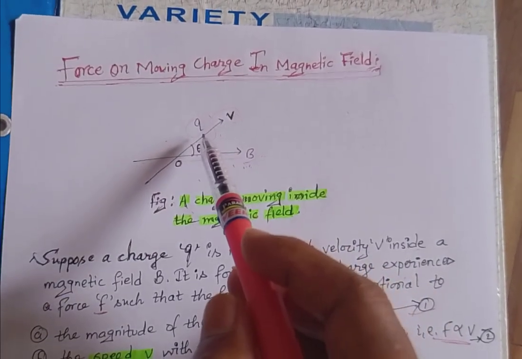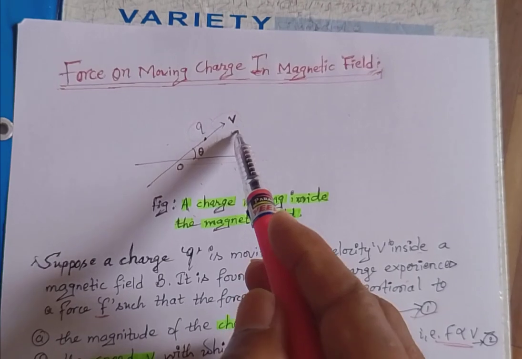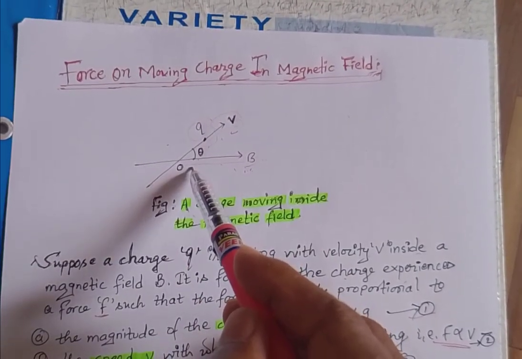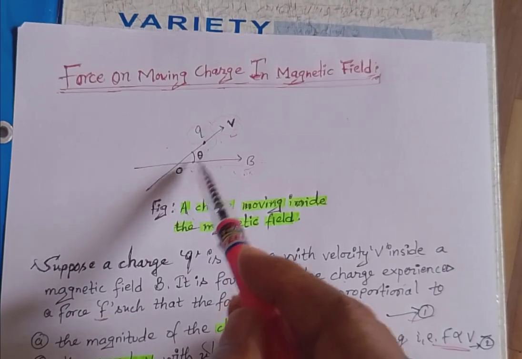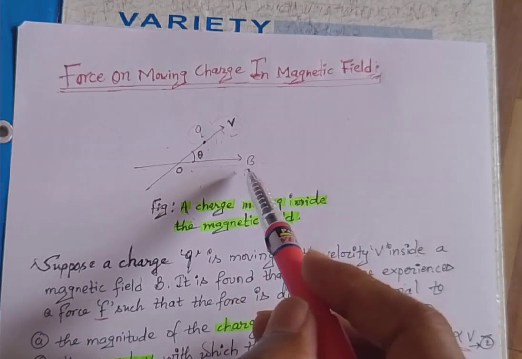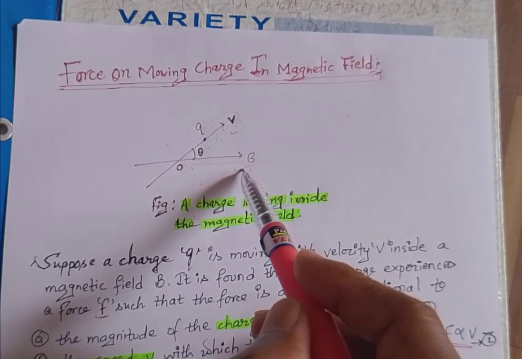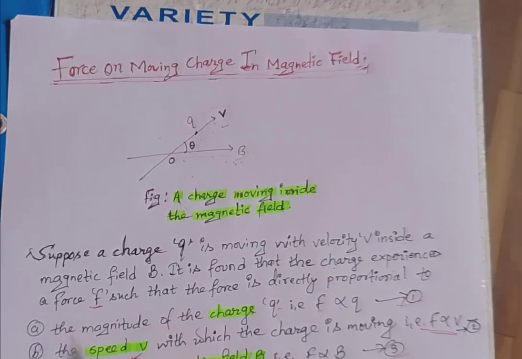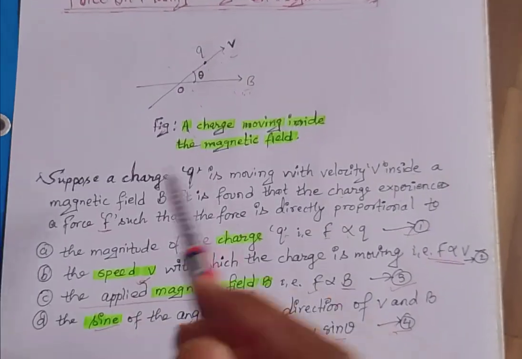The charge is moving with velocity v, and theta is the angle of inclination between the velocity v and the magnetic field B, which is shown in the figure.